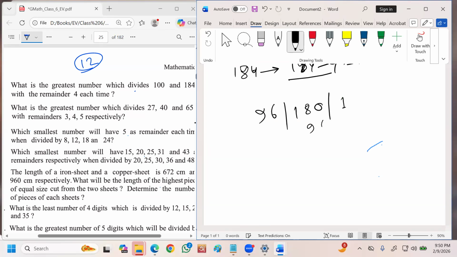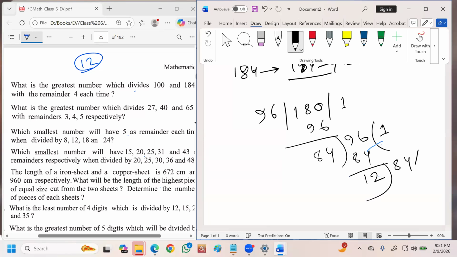We subtract 96 from 180, then it becomes 84. Then we can divide 96 by 84 at most one time, so we have 12 as remainder. Again, we divide 84 by 12, and if I multiply 12 by 7 times, then we get 84. That means we have remainder 0.